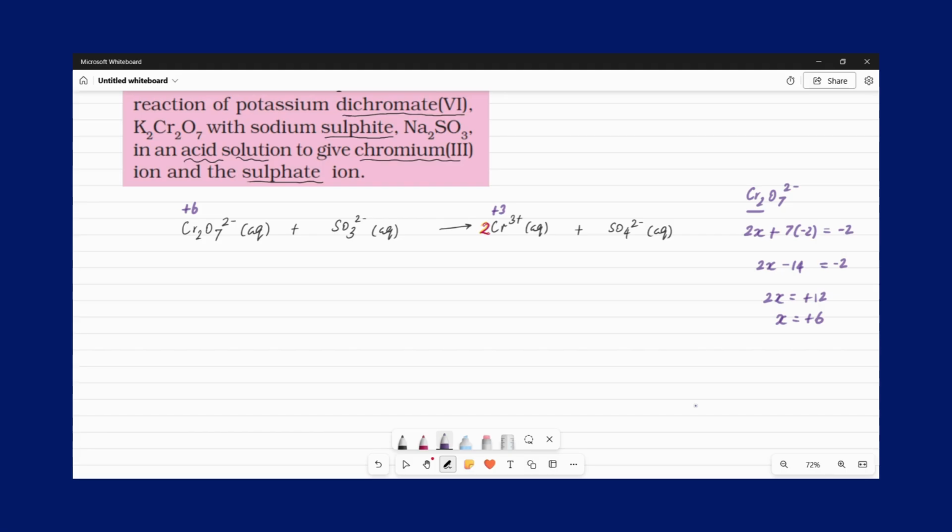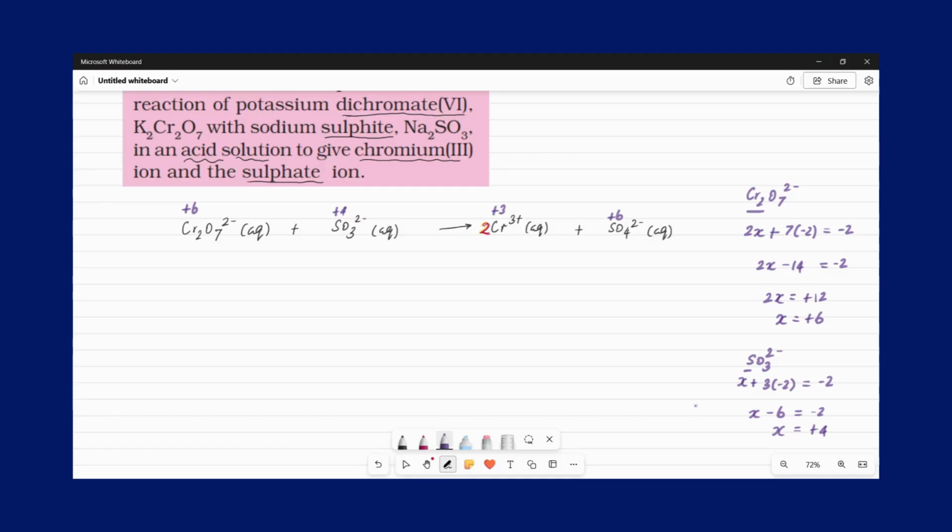When I consider sulfite, I calculate using the same method. X, because I want to know sulfur's oxidation state, plus 3 times negative 2 is equal to negative 2. X minus 6 is equal to negative 2, so X is equal to positive 4. If I do the same thing for sulfate, it will be positive 6.